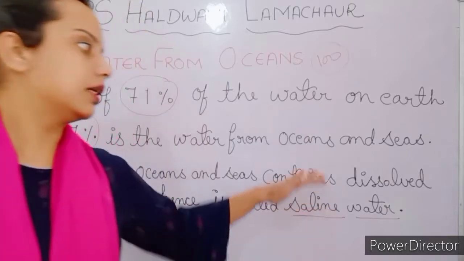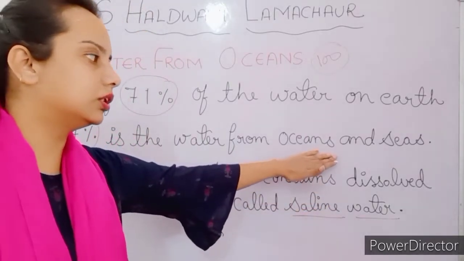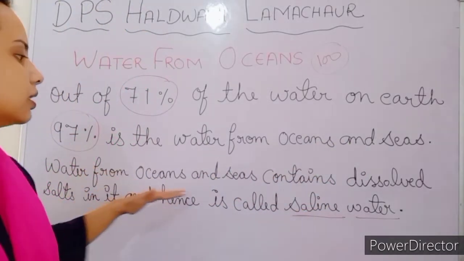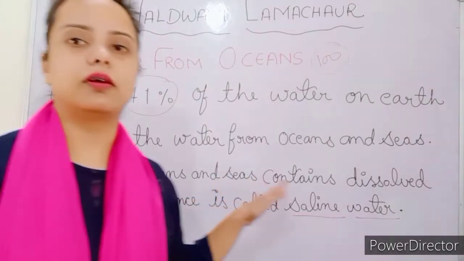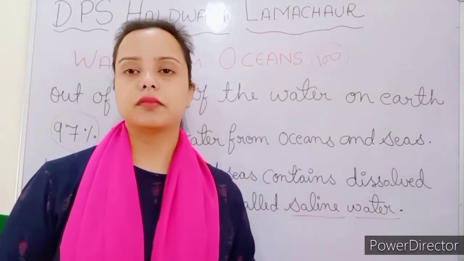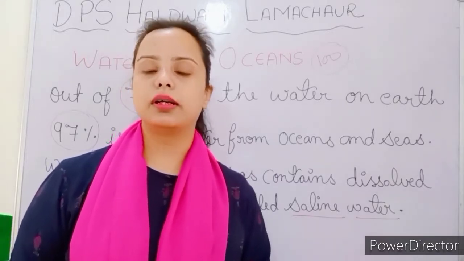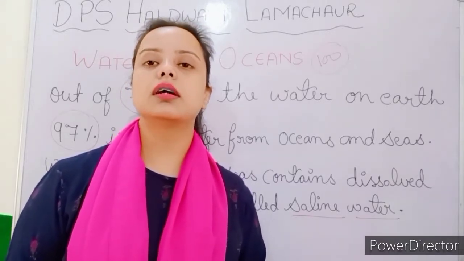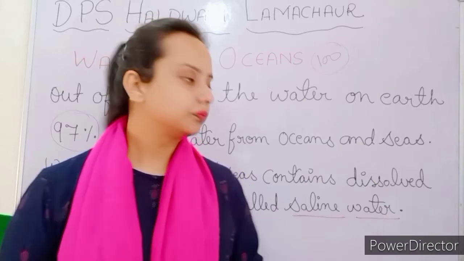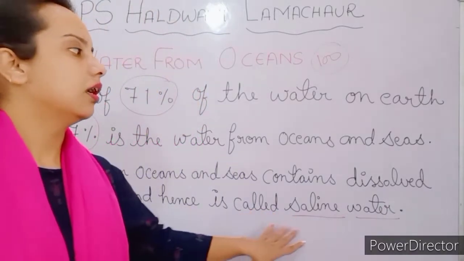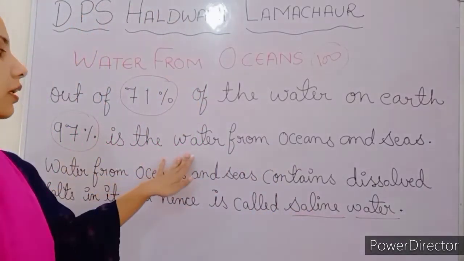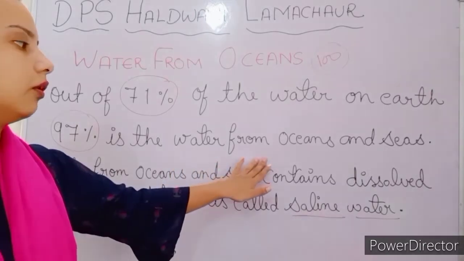Why? Because in the ocean and the sea water, the salt is present in the dissolved form. Okay, and that water is very salty and we cannot consume it. That is not suitable for us. So that's why we are not consuming this 97% of the water.